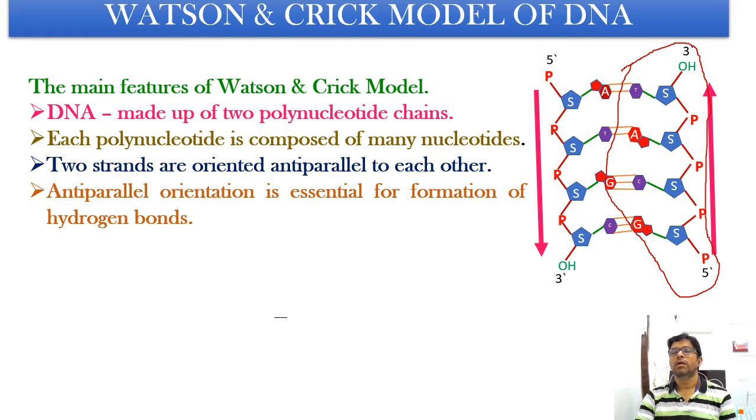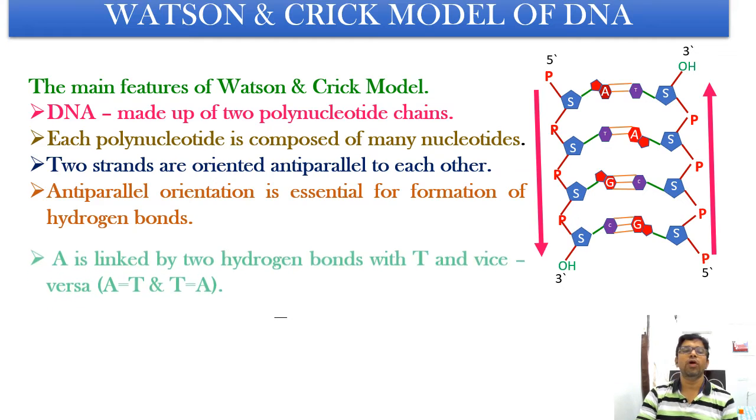Here you can see these are the hydrogen bonds. Adenine pairs with thymine, thymine pairs with adenine, guanine pairs with cytosine, cytosine pairs with guanine with hydrogen bonds. So this is possible due to the reverse orientation, anti-parallel orientation, of the two polynucleotide strands only.